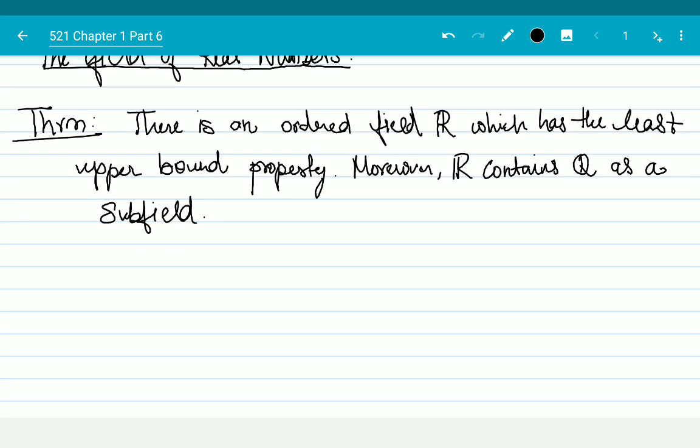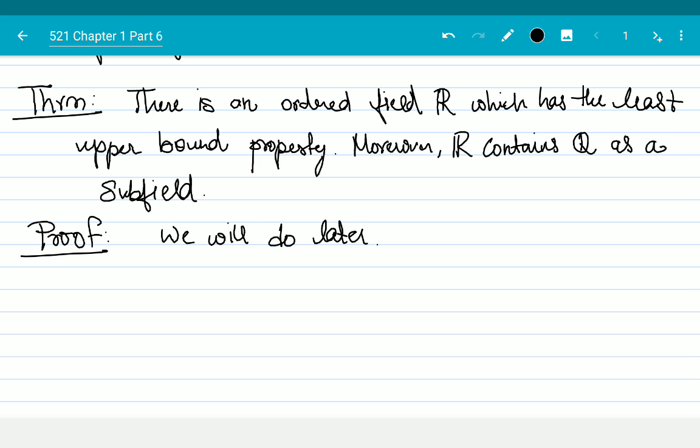Now, proof we will do later. But for now, we are going to assume that R is an ordered field which contains Q and it exists.